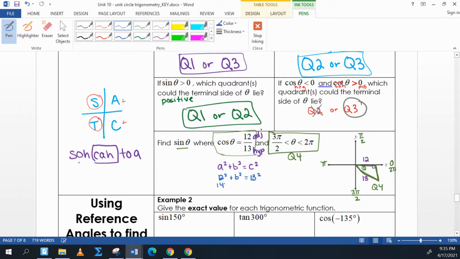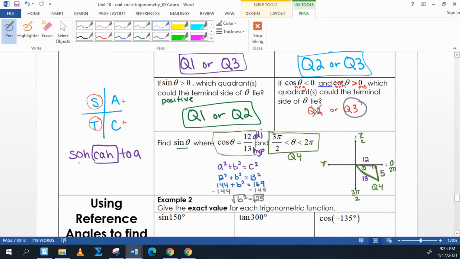So we got 144, that's 12 squared, plus b squared is equal to 169, that's 13 squared. So subtract our 144, we're going to solve for that b squared, and that means that b squared is equal to 25, which means when I undo that square, when I take the square root, the square root of b squared, b is equal to 5.